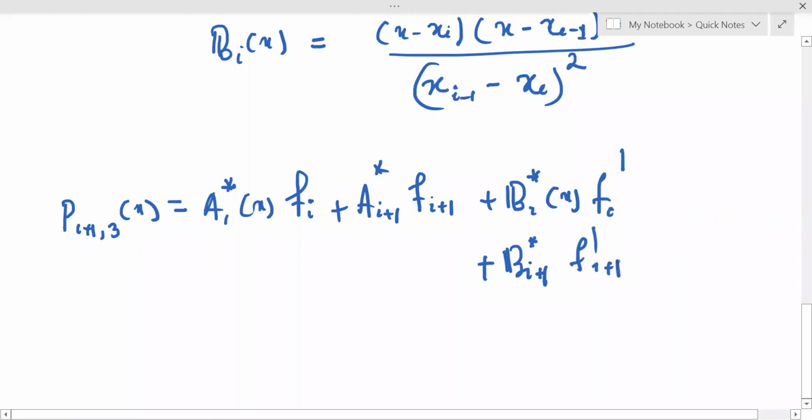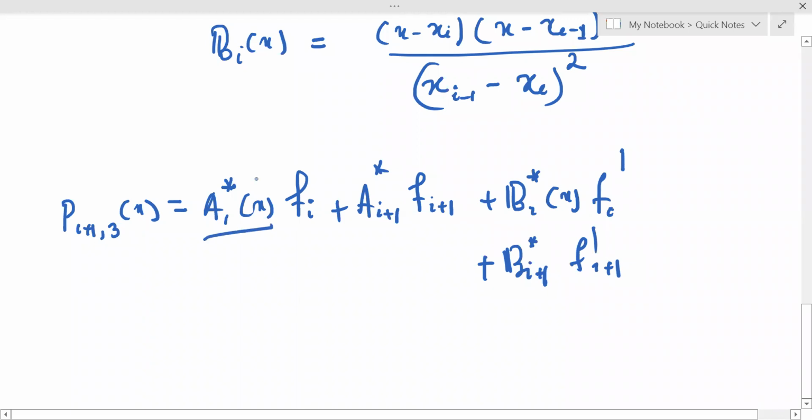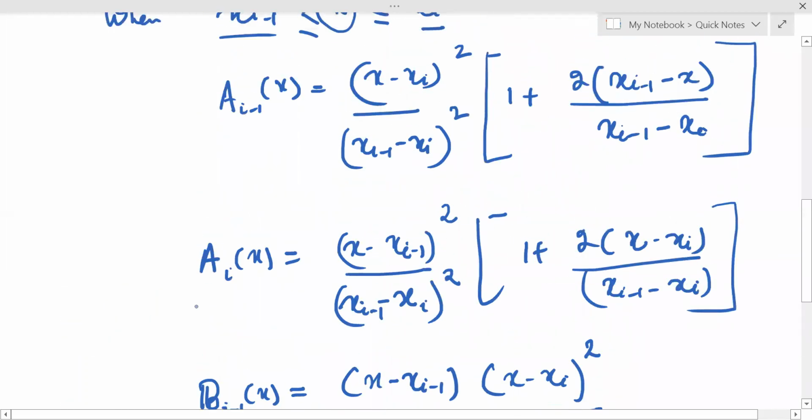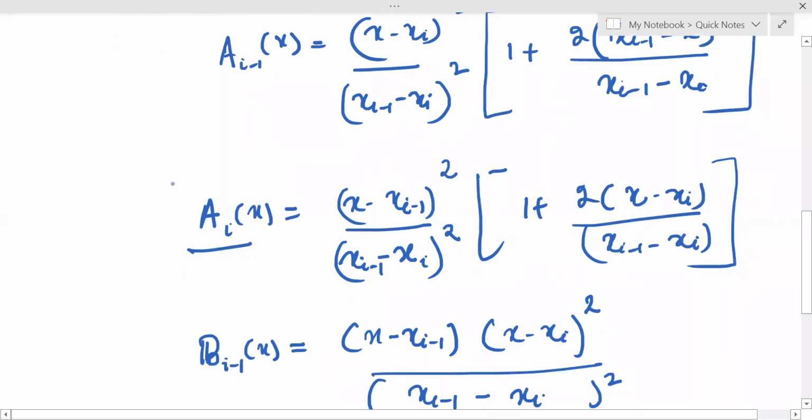This is also a polynomial where a_i, b_i, a_{i+1}, b_{i+1} are obtained by setting i equal to i plus 1 in the previous cases. a_i has already been defined here, and for a_{i+1} you can substitute i plus 1 for i.